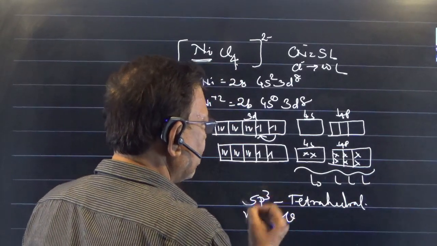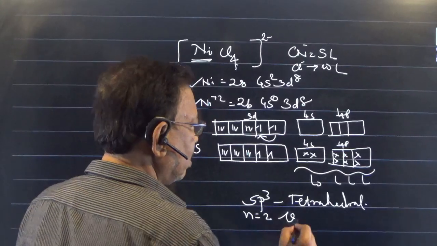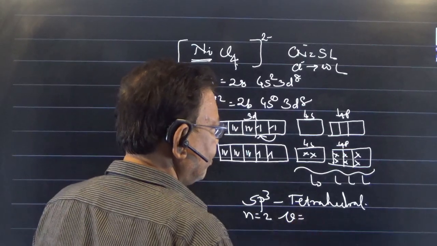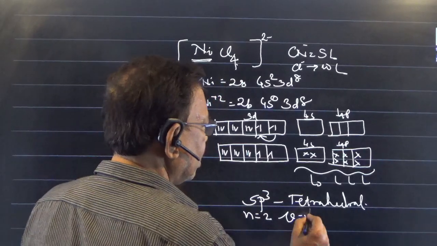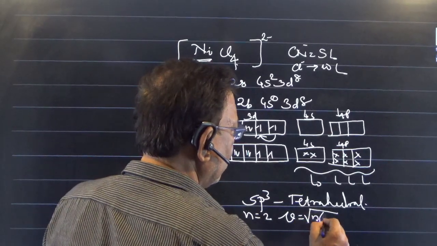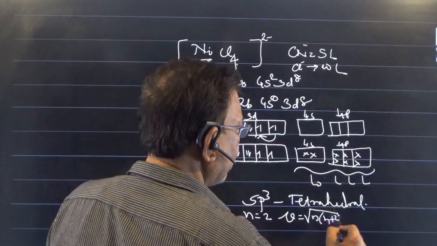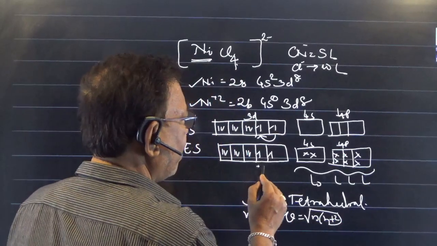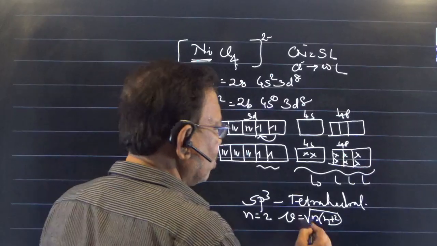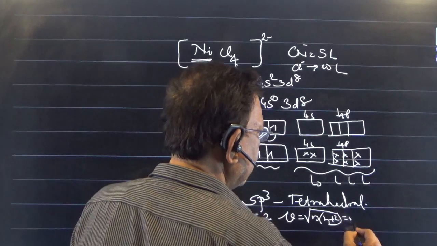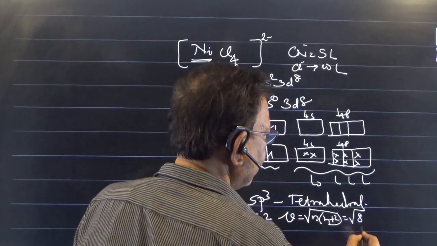Mu is equal to how much? It is the square root of n into n plus 2. The number of unpaired electrons is 2. So 2 into 4, that is root 8 BM.